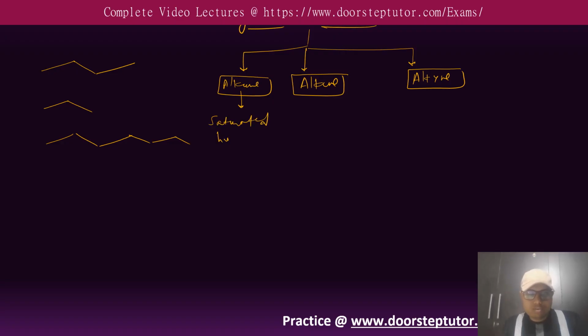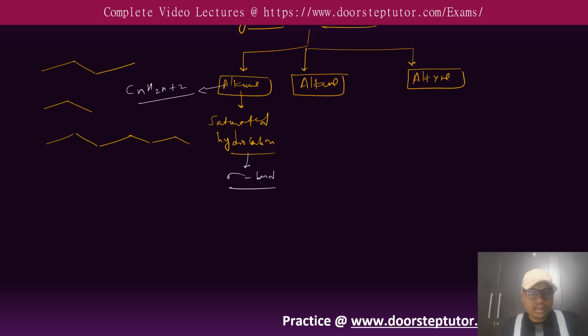A hydrocarbon is basically an organic compound formed by carbon and hydrogen. When we talk about the alkane, it has the general formula CnH2n+2, and only single bonds, or sigma bonds, are present in its structure.